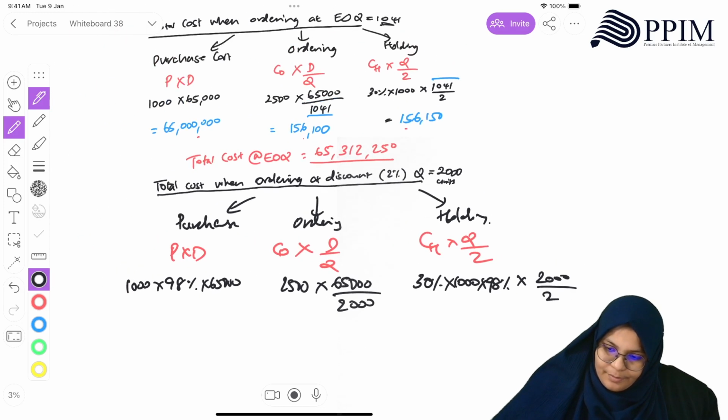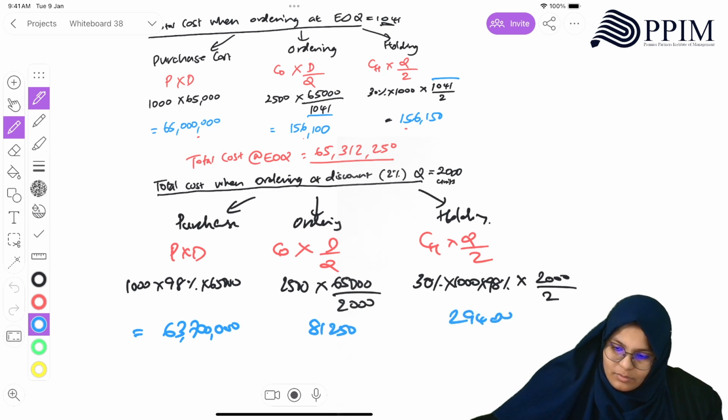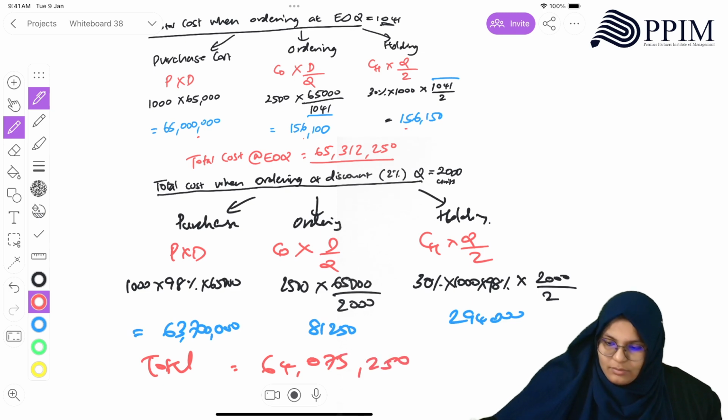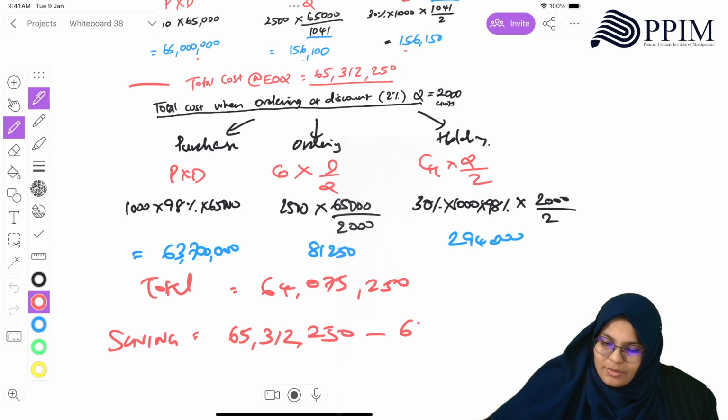Okay, the totals also quickly. The total is 64. So there will be a savings. It will be 65, this figure. 65 312 250 minus 64 75 250.